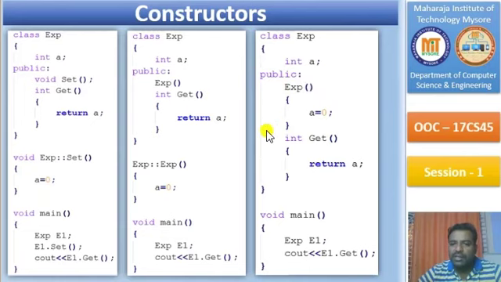Hence, a constructor is a special member function. Usually, when you define a constructor, make sure you define it inside the class itself. It's a good practice, rather than putting it outside the class. Even though you can do it outside, it's a good practice.